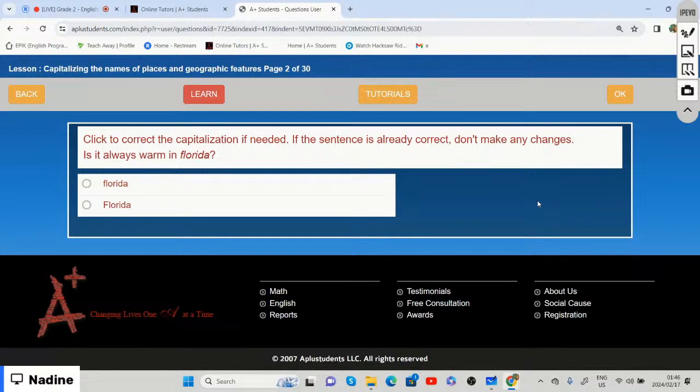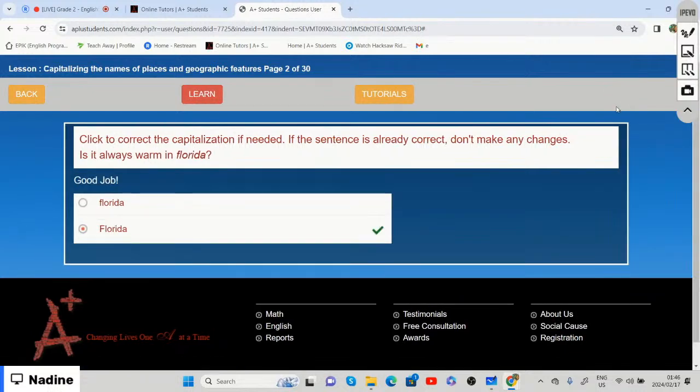So we need to capitalize the F in Florida, right? Because it's the name of a place.